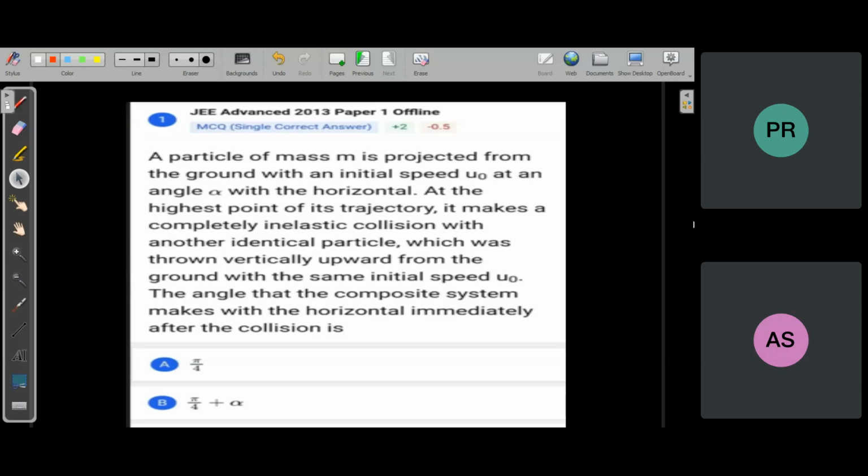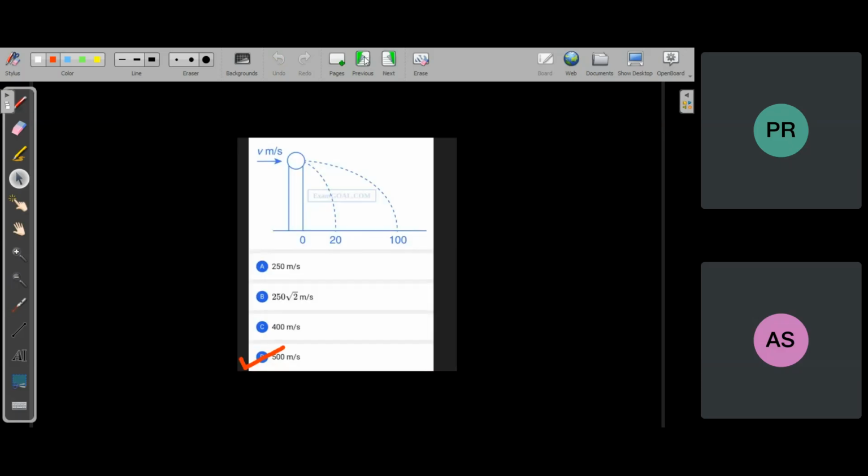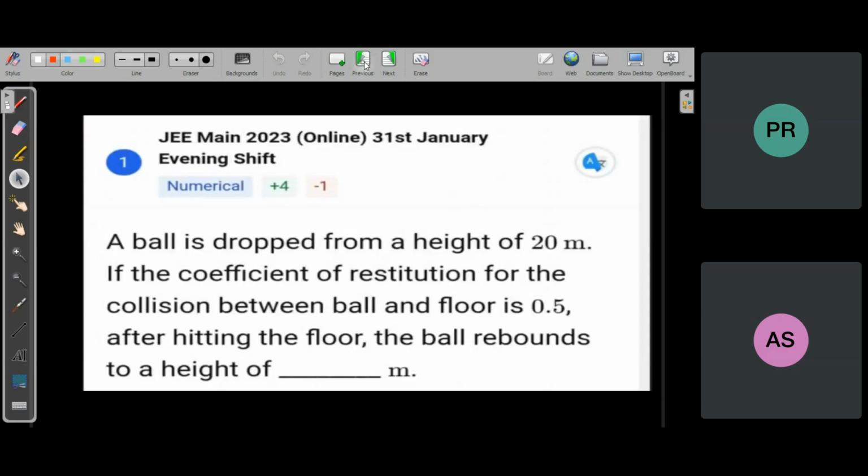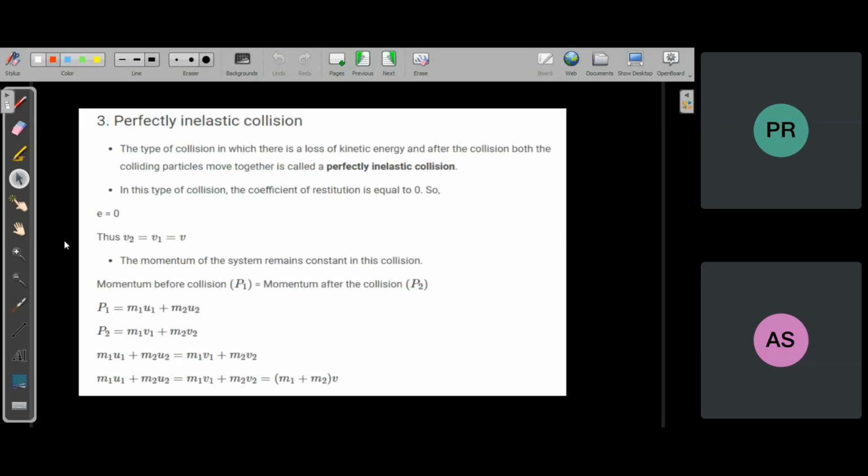So this is saying completely inelastic. This question involves a completely inelastic collision, a perfectly inelastic collision.